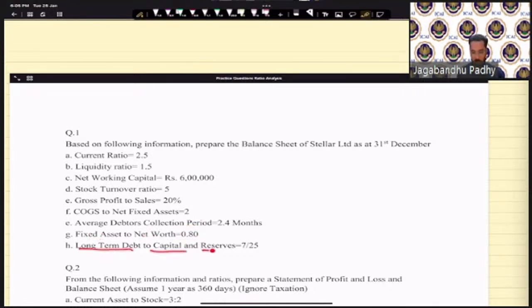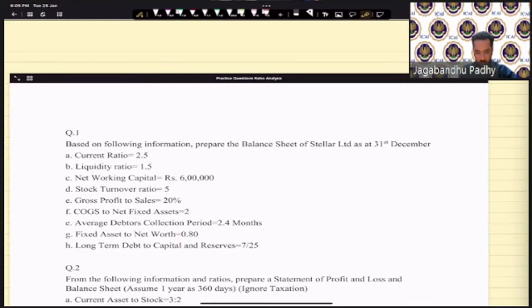Long-term debt to capital and reserves is 7/25. These are the ratios given to us. We need to prepare the balance sheet in a summary format.